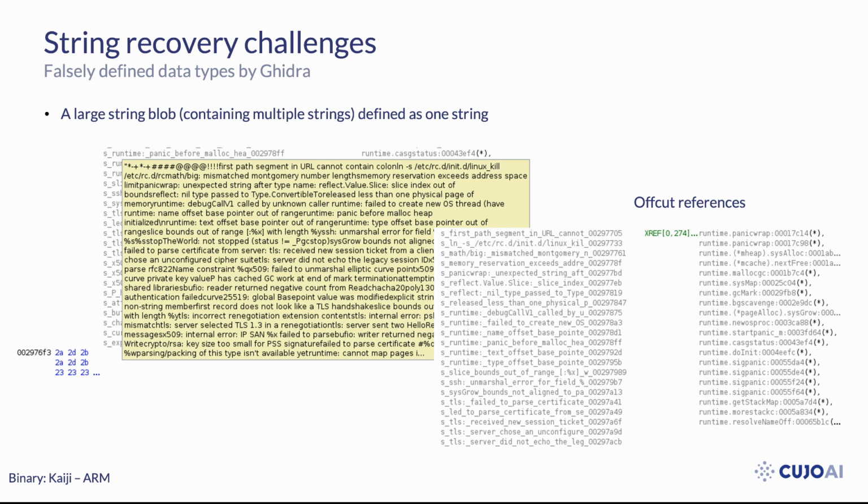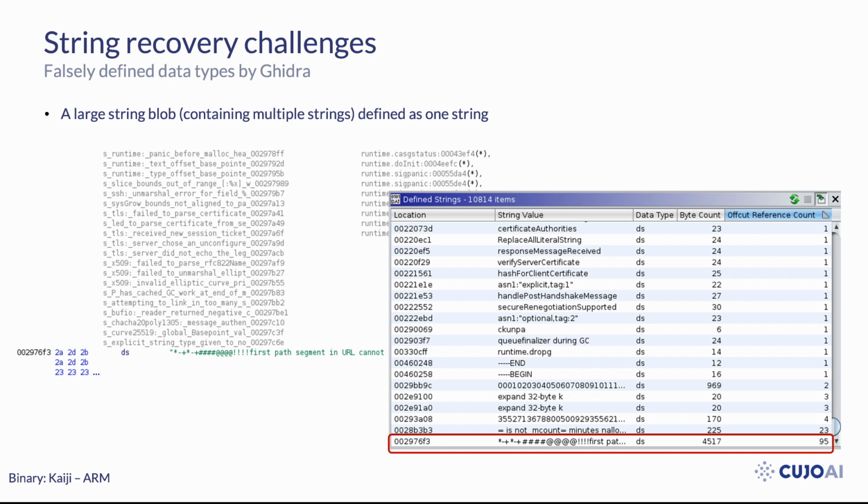And you can see here that there are offcut references, meaning there are references within the code to some parts of the string, not the beginning, but somewhere in the middle. So here, the solution could be to undefine this string and then define the specific parts one by one. We are still testing this. It's not in the script at the moment, but there is one solution that you could use.